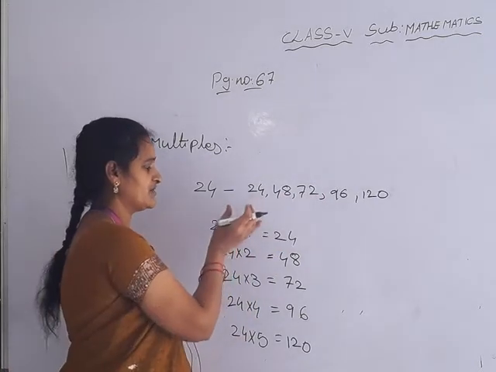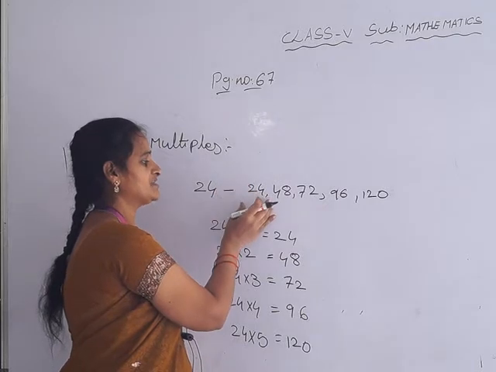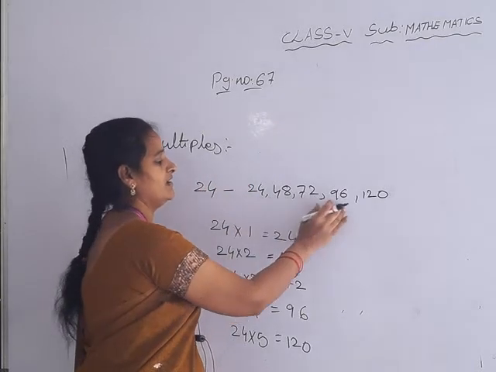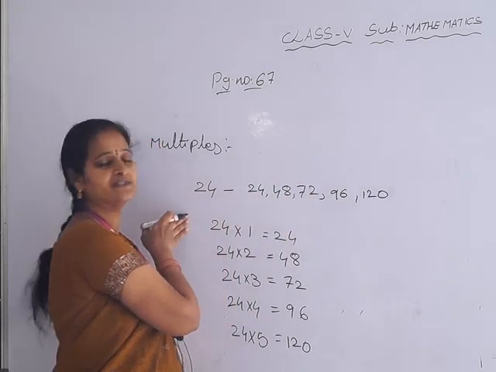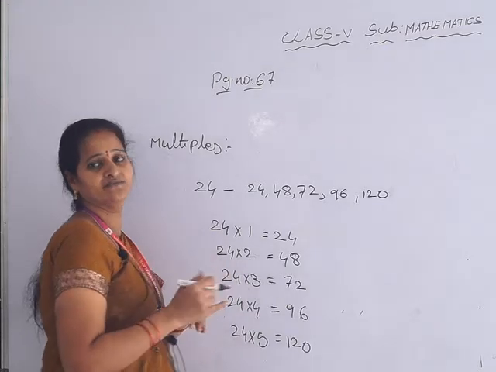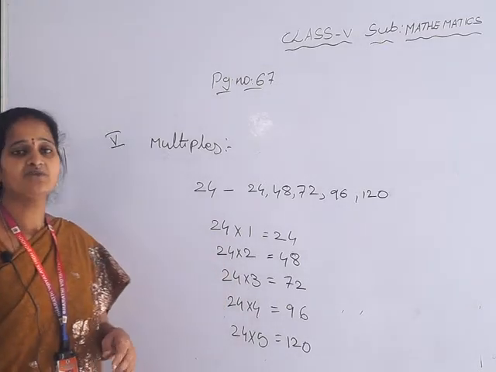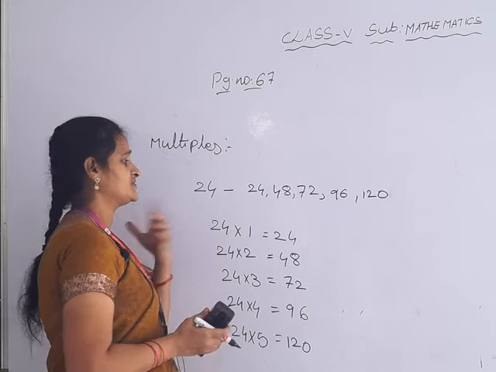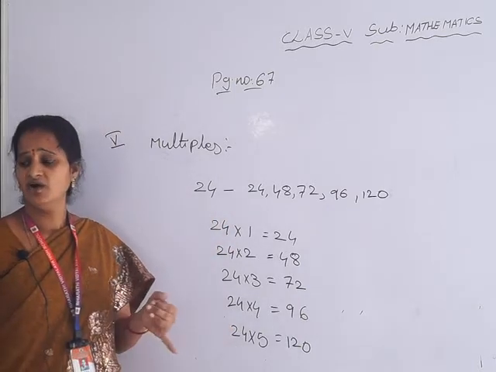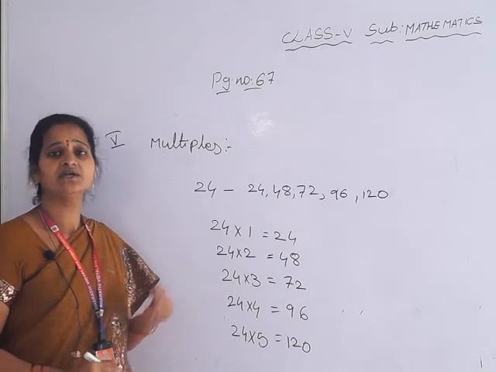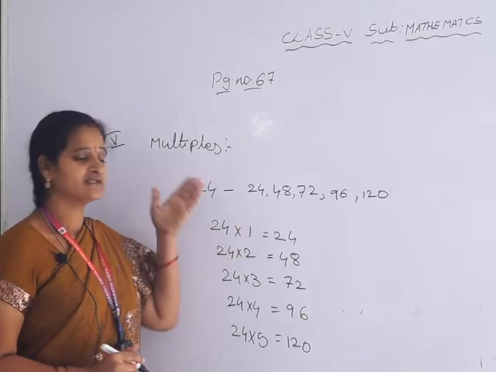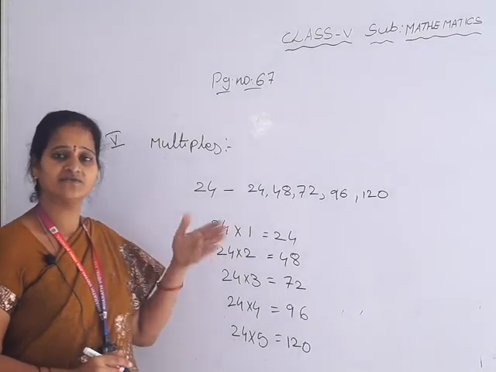Observe here, the first multiple of 24 is itself only. The remaining all are greater than that, which means the multiples are increasing. So these are the multiples of 24, and the factors of 24 are 1, 2, 3, 4 and 6, the first 5 factors of 24.